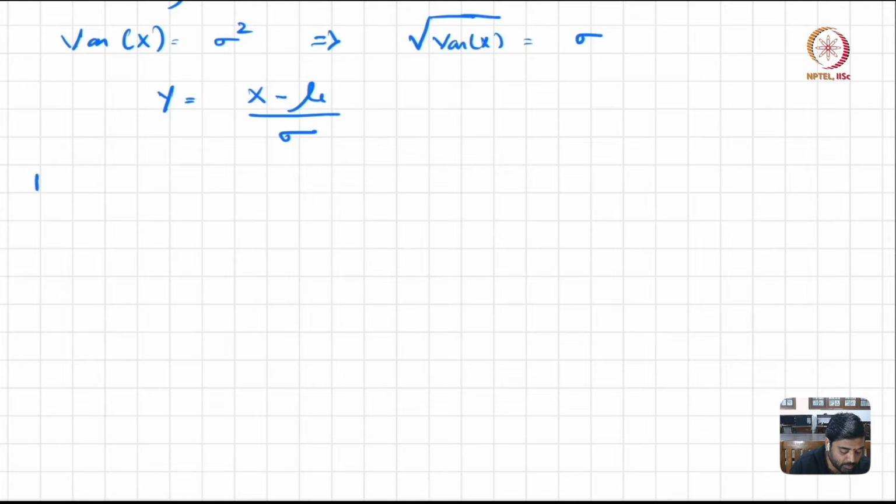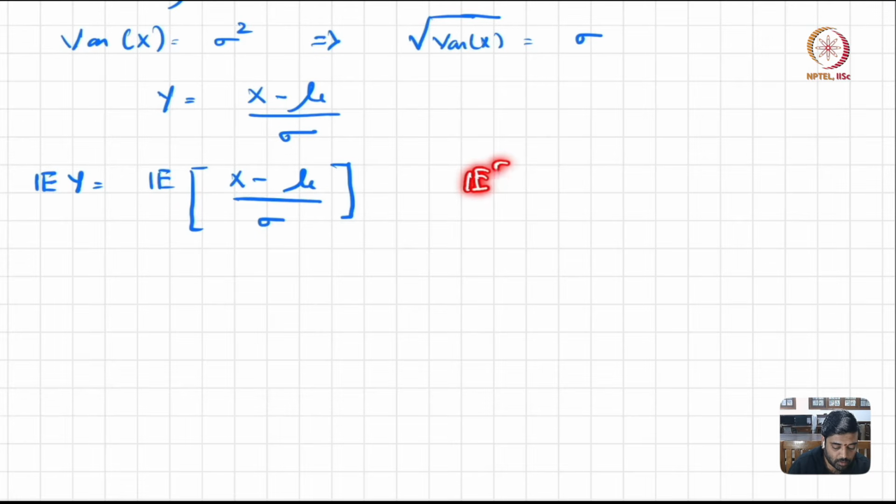So now I have to find the mean. That is, expectation of y is expectation of this whole thing, x minus mu divided by sigma. Now expectation of ax is a into expectation of x. Now 1 over sigma is a constant, I can take it out. This is 1 over sigma into expectation of x minus mu.